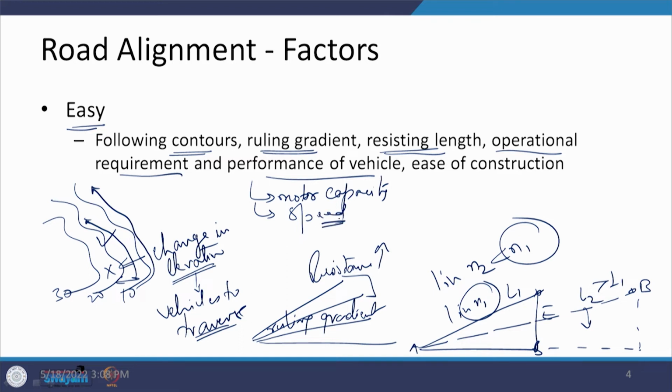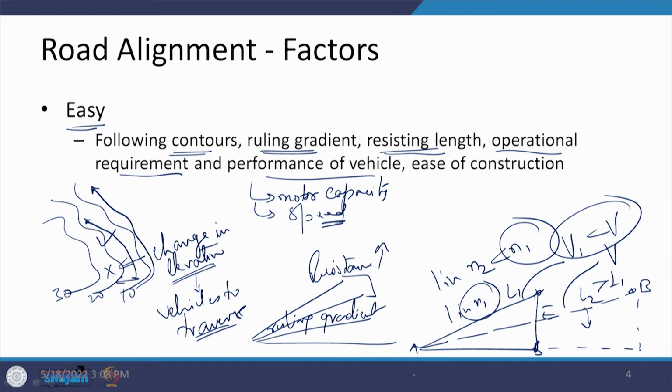So, are the vehicles in a position to negotiate this with a speed V, and if they come to this one, then the speed becomes V1 which is less than V. Now, what is this drastic reduction? It is a reduction which is allowable, permissible, and that is going to define whether we can go for 1 in N1 or we need to remain with 1 in N2, or we can increase 1 in N2 a little bit to 1 in N2 dash.